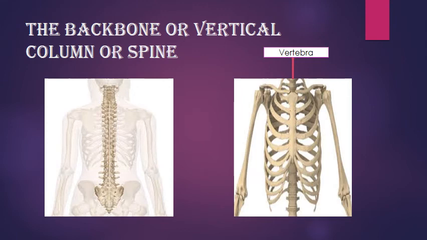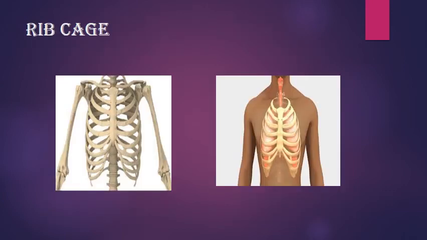That's why each vertebra has a central hole. And again a question: what is the first vertebra in the backbone or vertebral column? That is the atlas.